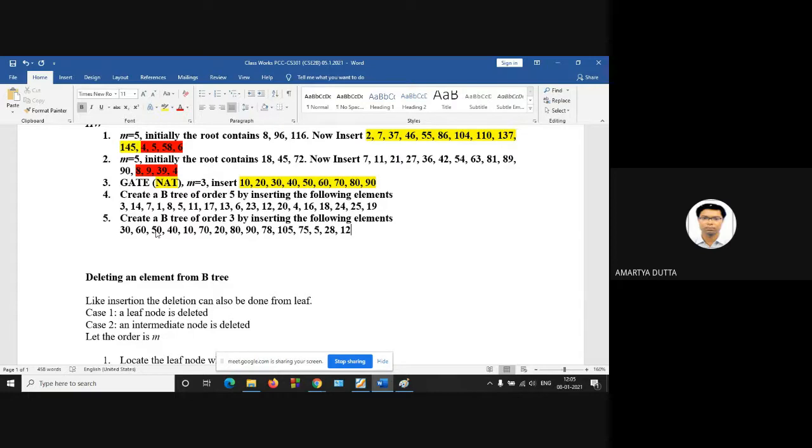Okay. And insert the following key values one by one. So these are your homeworks: question number 4, 5, and question number 2.